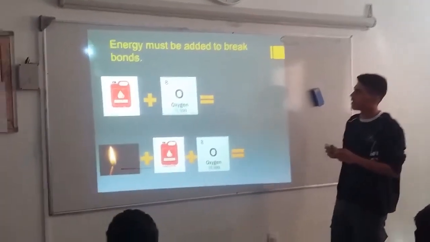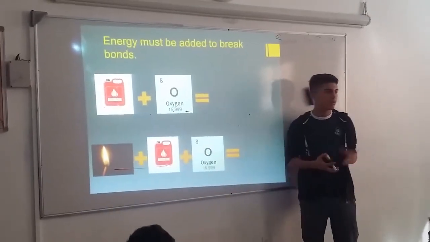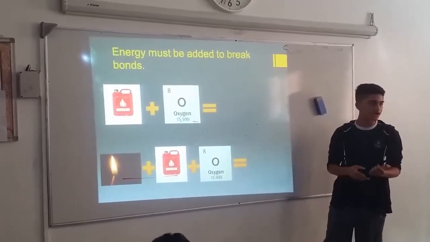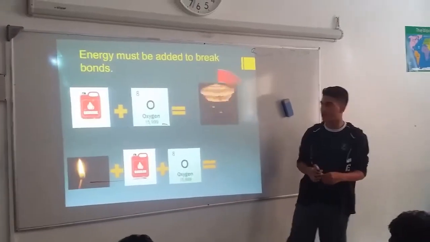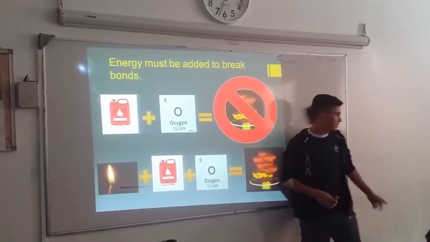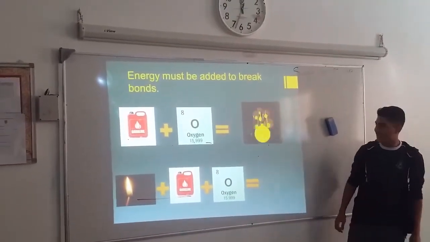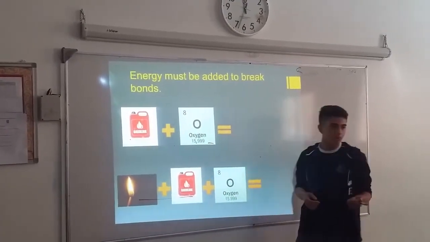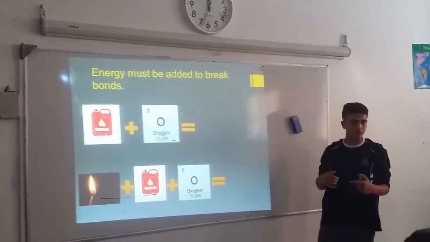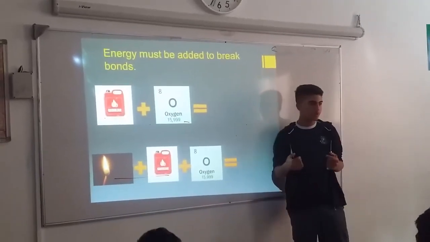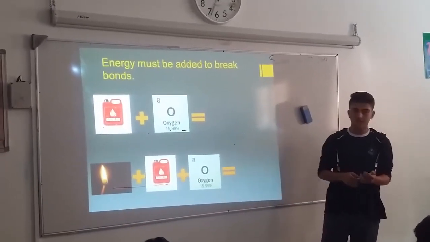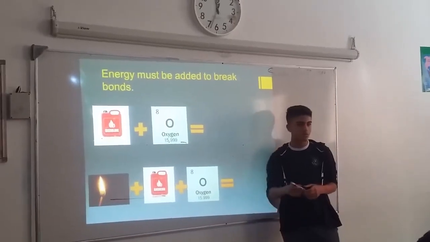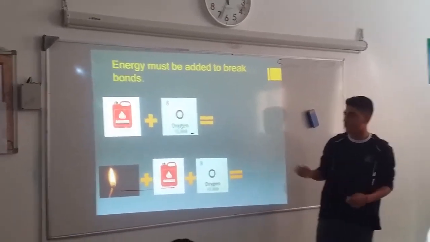Energy must be added to break bonds. For example, a chemical reaction cannot happen without energy. Take isooctane and oxygen. If you went to a fuel station to add gasoline to your car tank, just putting gasoline into the tank would be so dangerous if energy didn't need to be added to the chemical reaction. That's why nothing happens.